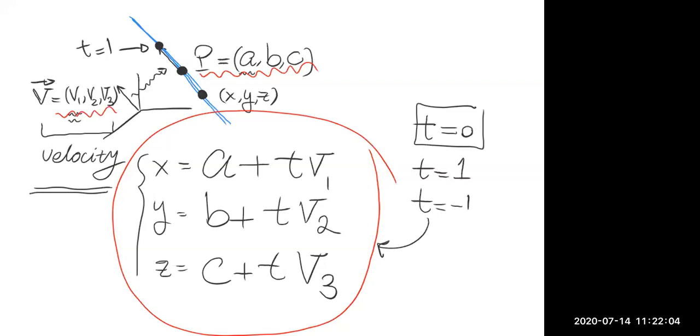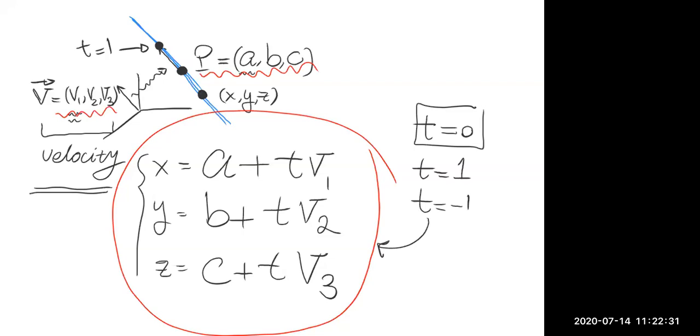But the point is that you want to know what your position is at each time t. To answer the question that was asked in the previous slide, write down the equation of the line which passes through P equals 1, 2, 3.